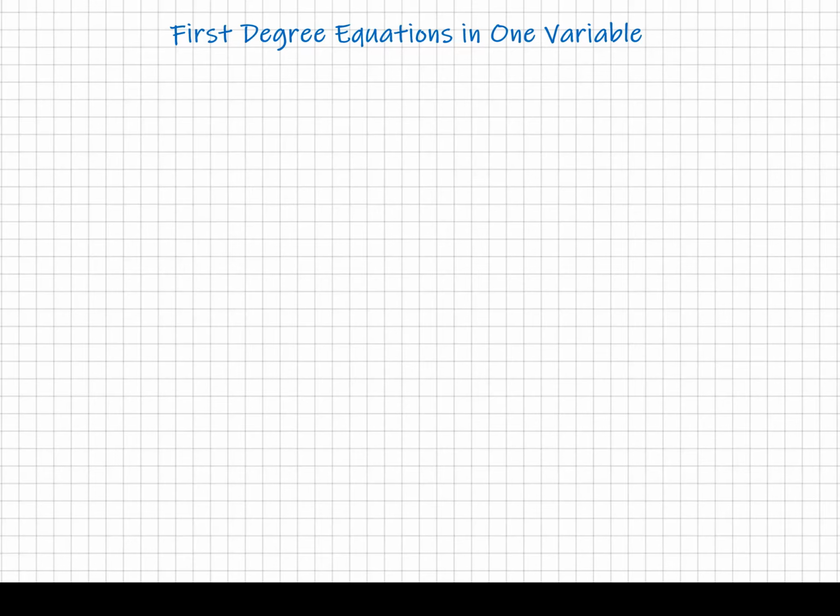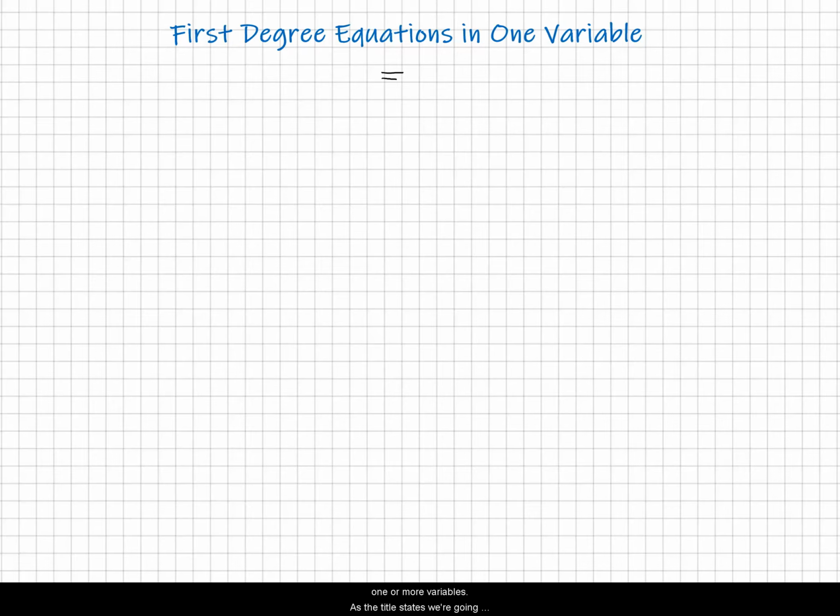Hi everyone. We're going to continue today talking about equations, in particular about the first degree equations in one variable. I'll remind you that an equation has one equal sign and one or more variables.